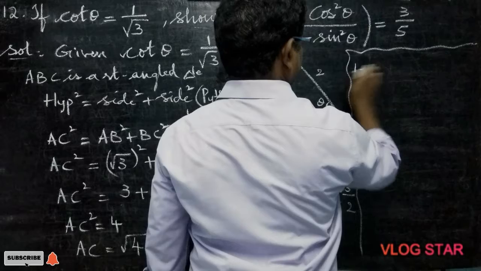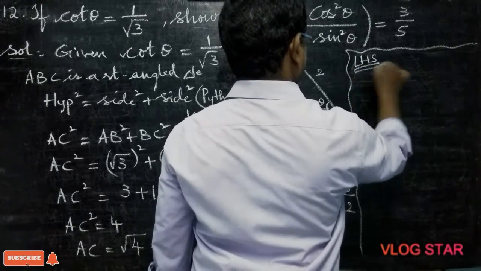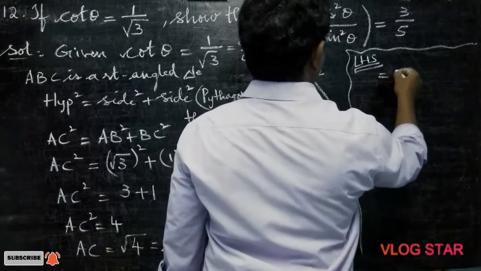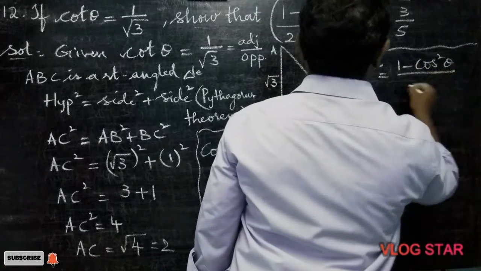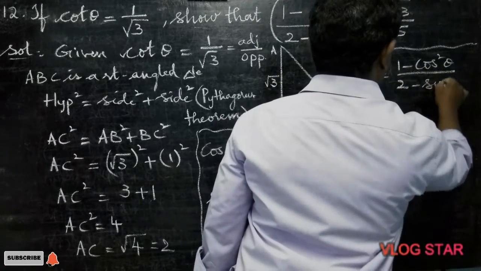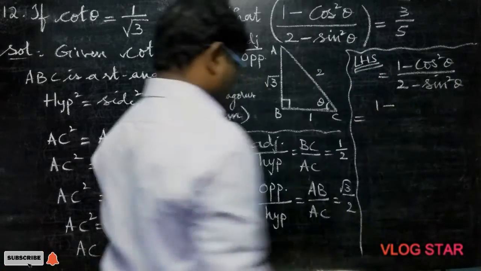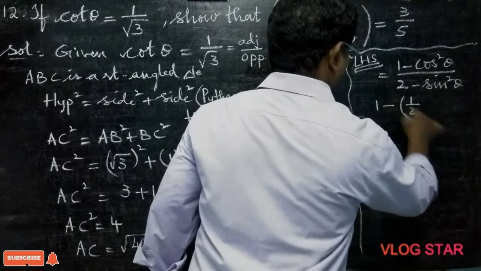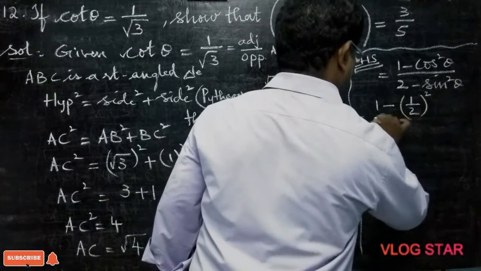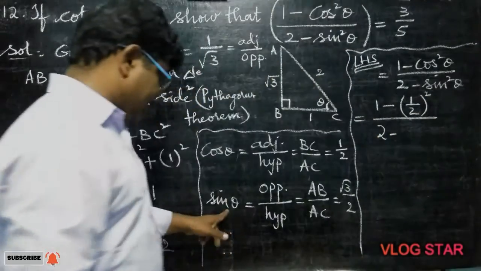Take LHS. What is LHS? 1 minus cos square theta by 2 minus sin square theta. That is equal to 1 minus cos theta value 1 by 2, 1 by 2 whole square, by 2 minus sin square theta.